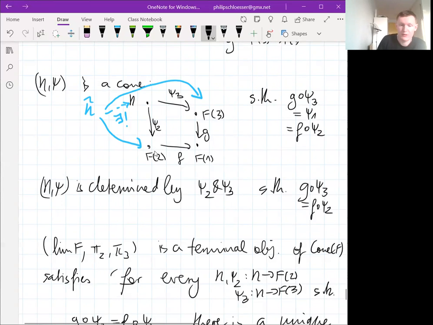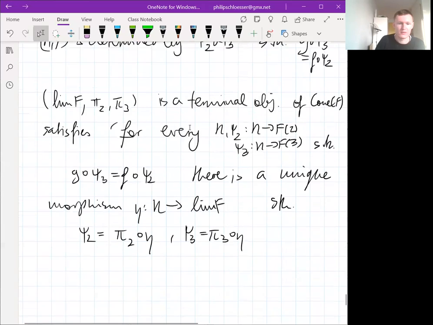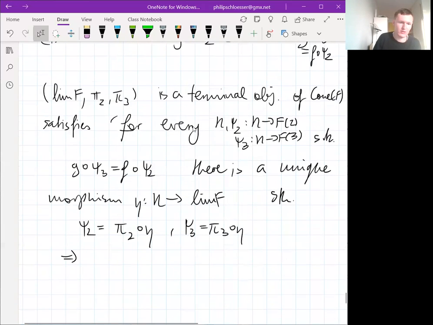And since we have this extra condition, it still looks a bit like a product. A map to N is given by a map to F2 and to F3, but it has to satisfy some condition. And this is the reason why this isn't called a product, but a fiber product.